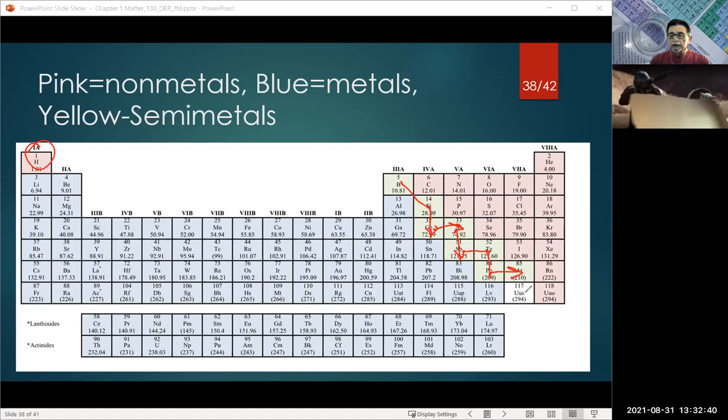And 117 is also a metalloid. So anything to the right, which you see in the color of pink or red, is non-metal. All the blues are metals. And then the metalloids are as shown.